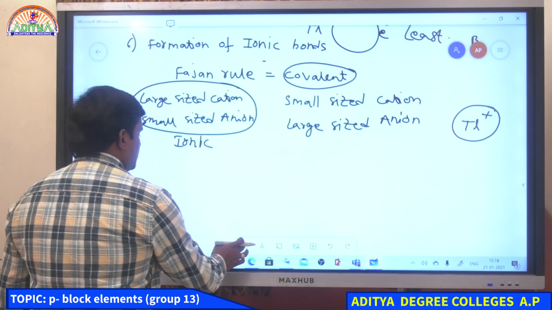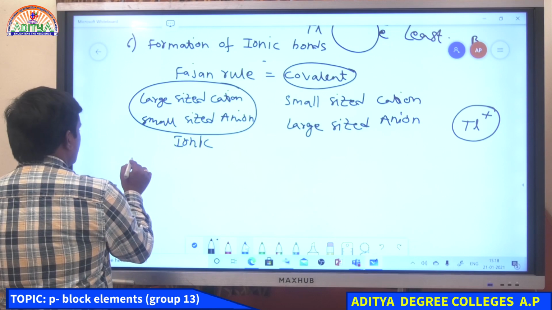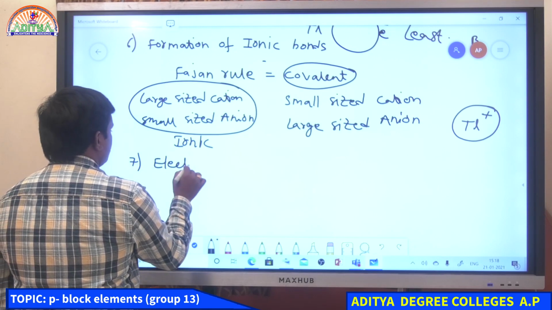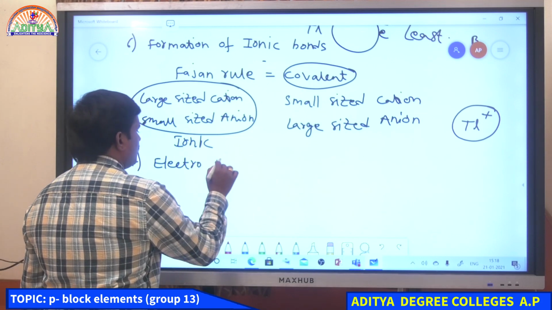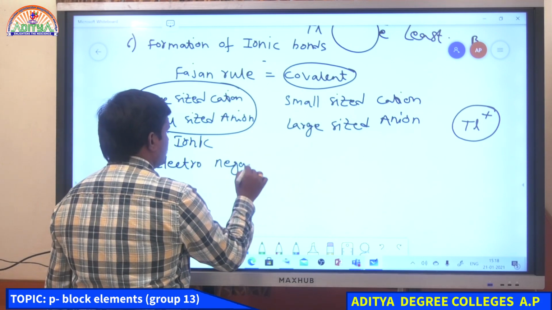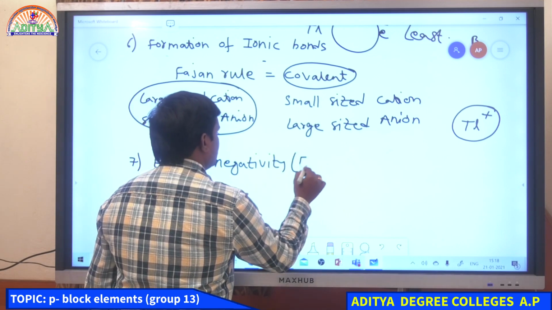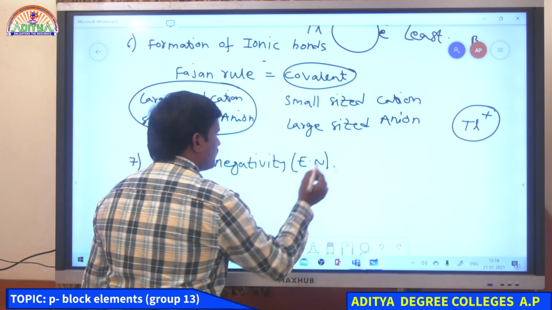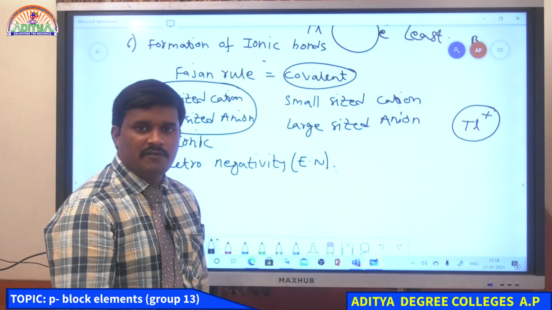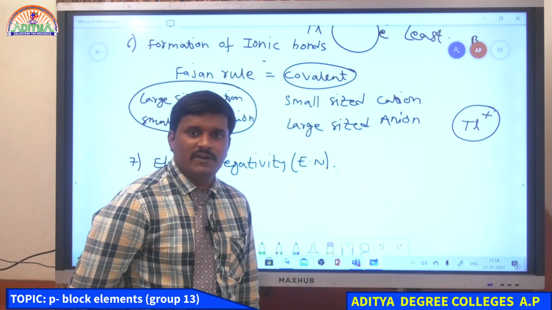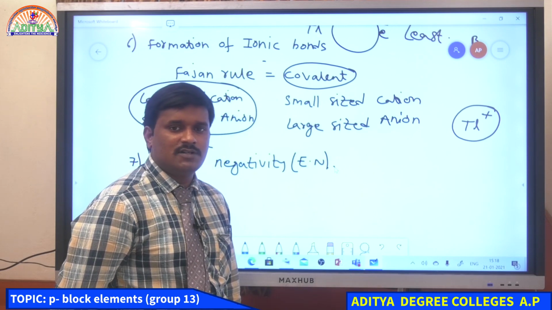And the next property is electronegativity. So what is electronegativity? Electronegativity is nothing but the tendency of an element to attract electrons towards itself.